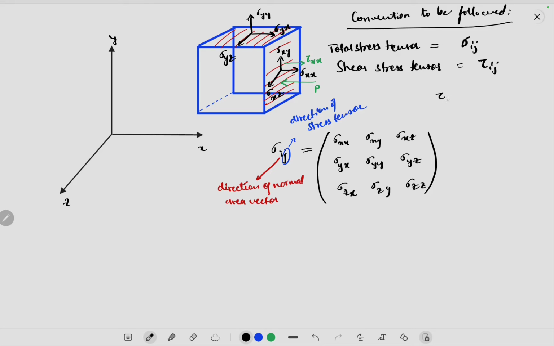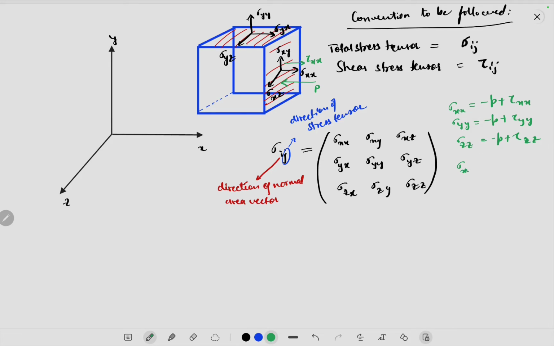Sigma xx is equal to minus p plus tau xx, because p is acting opposite to sigma xx and tau xx is acting in the direction of sigma xx. Similarly, sigma yy is minus p plus tau yy, and sigma zz is minus p plus tau zz.